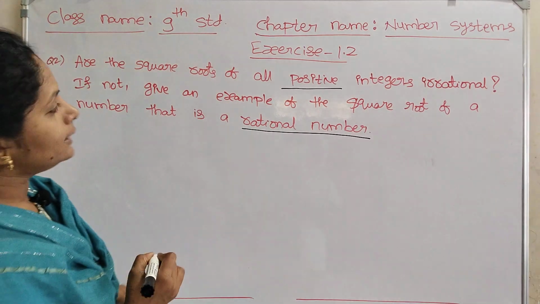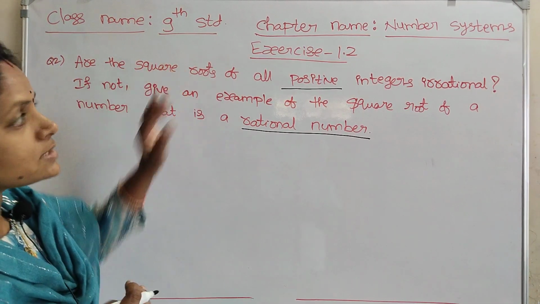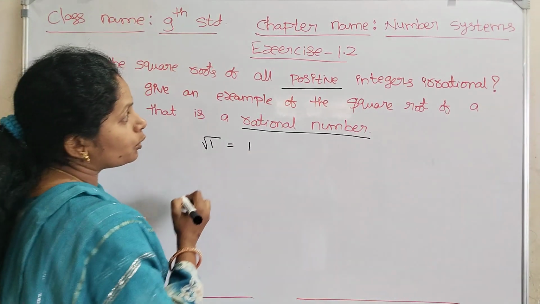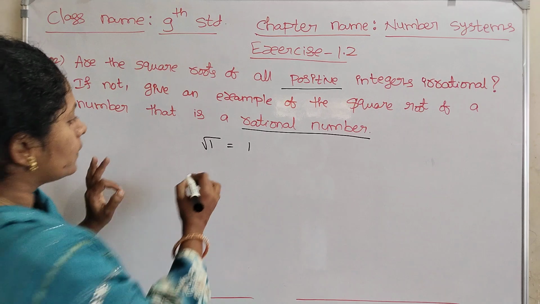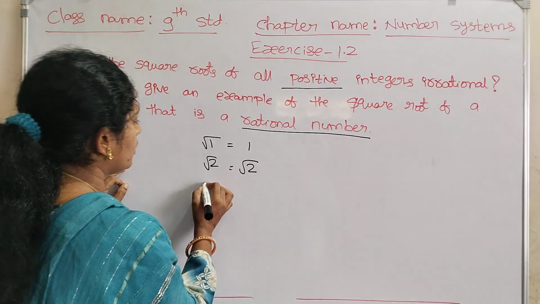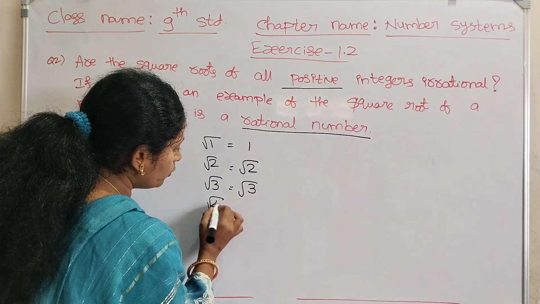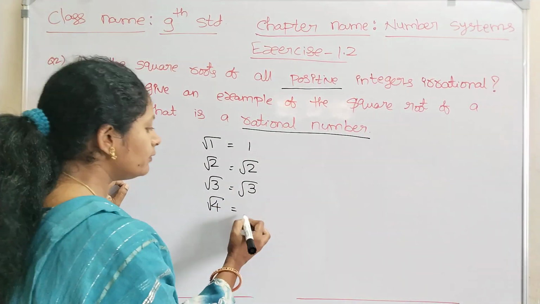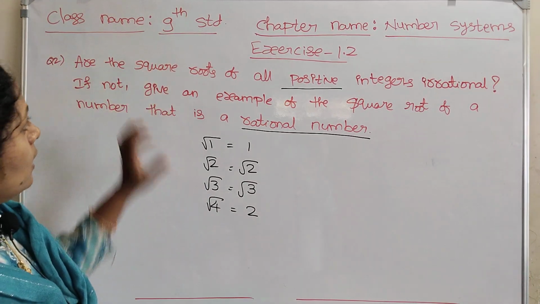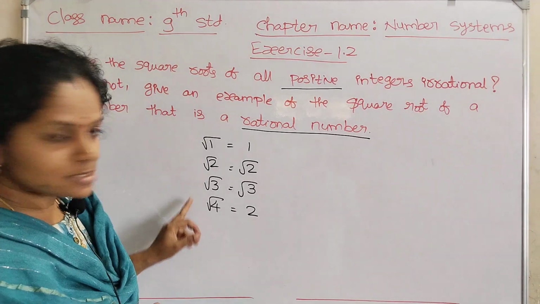Okay, let us take any number as the square root. Root of 1 is equal to 1. Root 2 is equal to root 2. Root 3 is equal to root 3. Root 4 is equal to, how can we write it? Only 2.